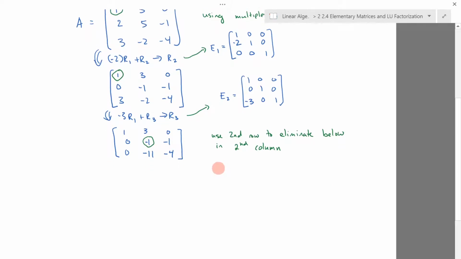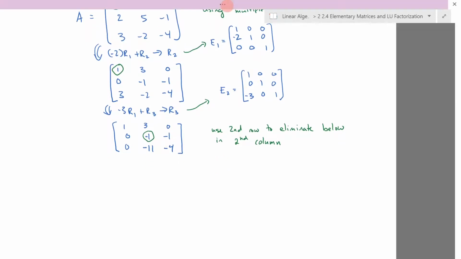Okay, so I need to eliminate the -11 here with the -1, right? So I need to add 11 to cancel it out. To turn it into a positive 11, I need to multiply by -11. So it's -11 row 2 plus row 3 goes into row 3.